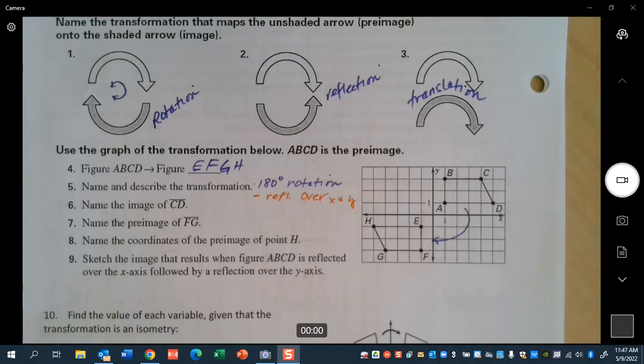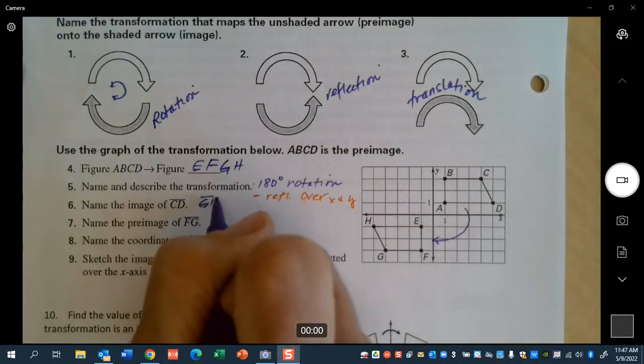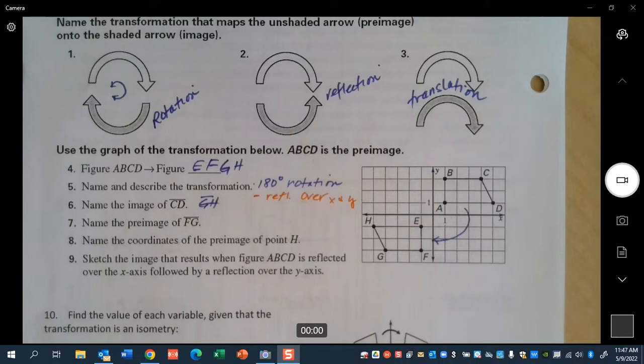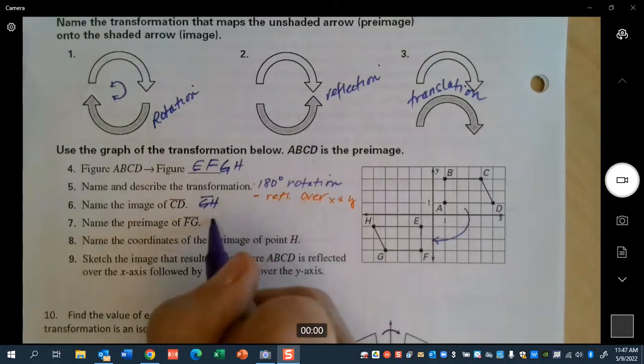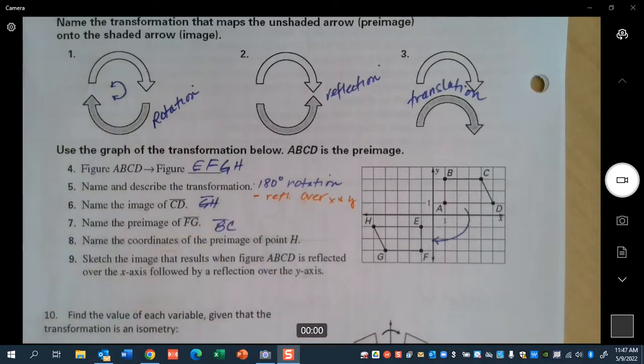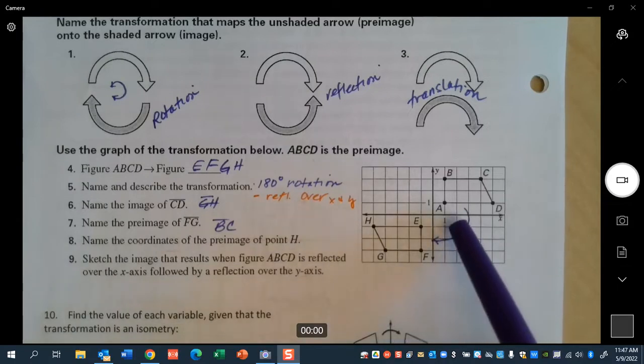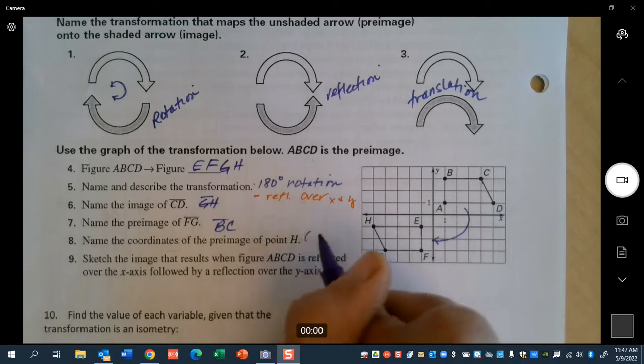All right, so the image of CD is going to be GH. The pre-image of FG is going to be BC. The coordinates of the pre-image of point H, 1, 2, 3, 4, 5, 1.